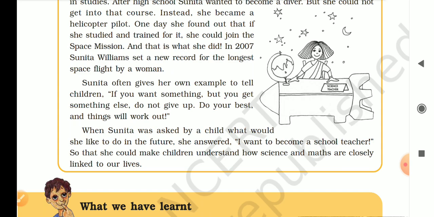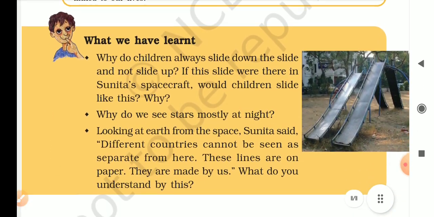When Sunita was asked by a child what she would like to do in the future, she answered, I want to become a school teacher, so that she could make children understand how science and maths are closely linked to our lives. After becoming a teacher, she could really share her knowledge about science and maths and their interconnection.